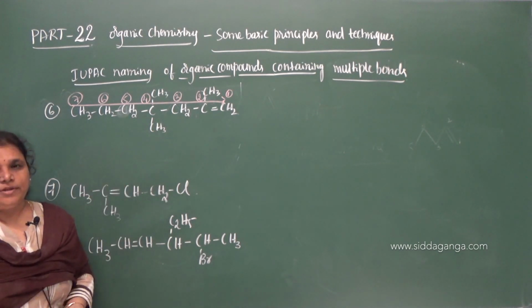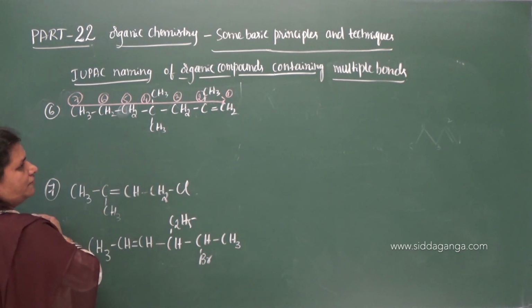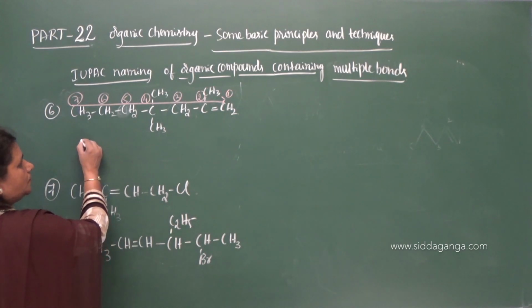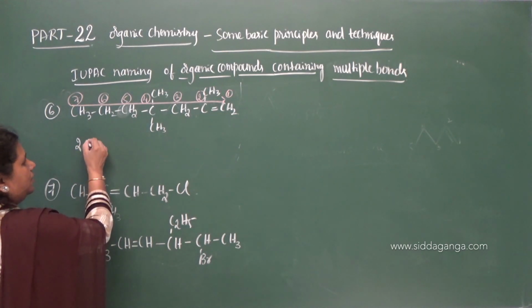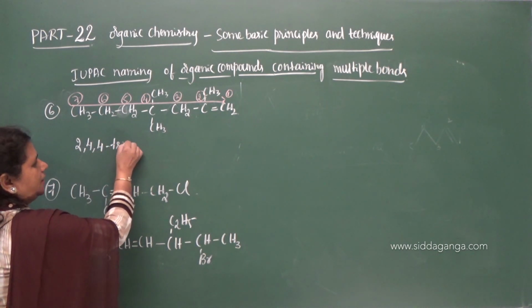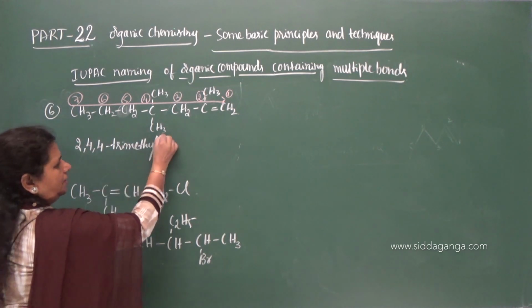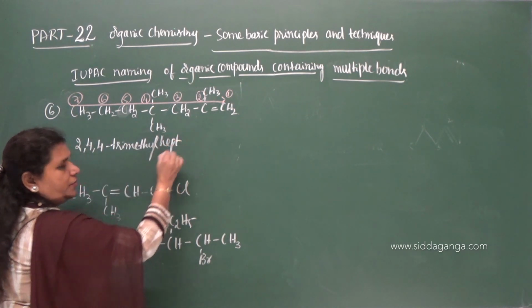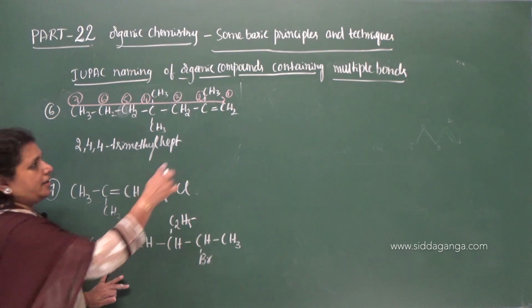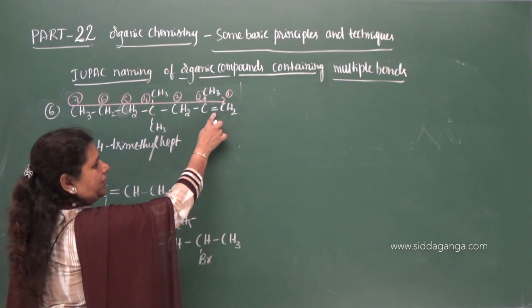Now you name the compound, what do you get? So the name of the compound will be 2 comma 4 comma 4 trimethyl. What is the root word? Hept. Hept is the root word because there are 7 carbon atoms, and between 1 and 2 carbon we have a double bond.